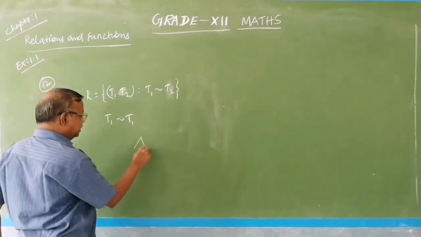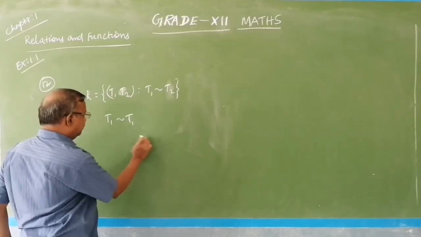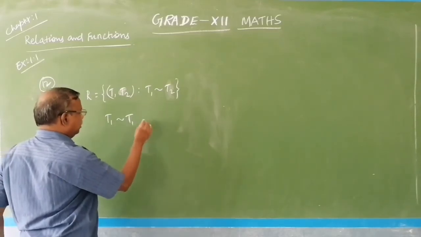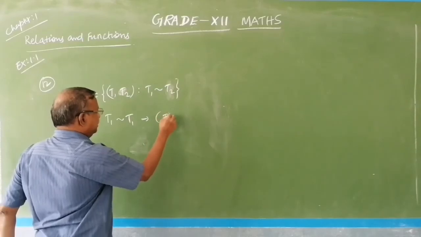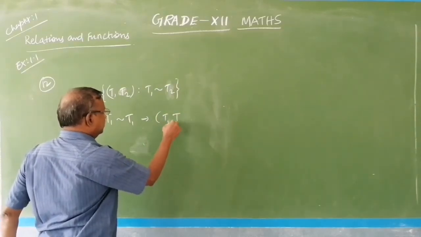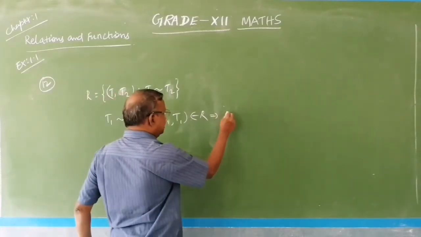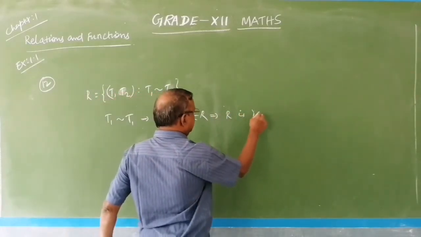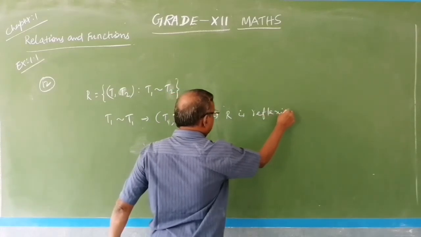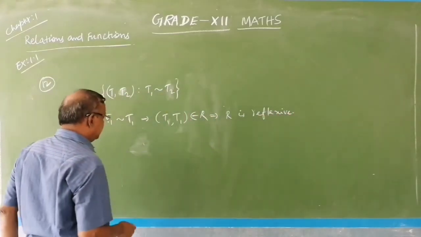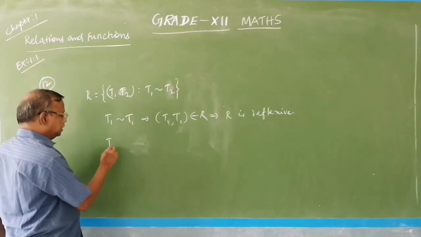So, a triangle is similar to itself. Therefore, T1 is similar to T1, which gives (T1, T1) belongs to R. So, R is reflexive. Now, take two triangles which are similar to each other.